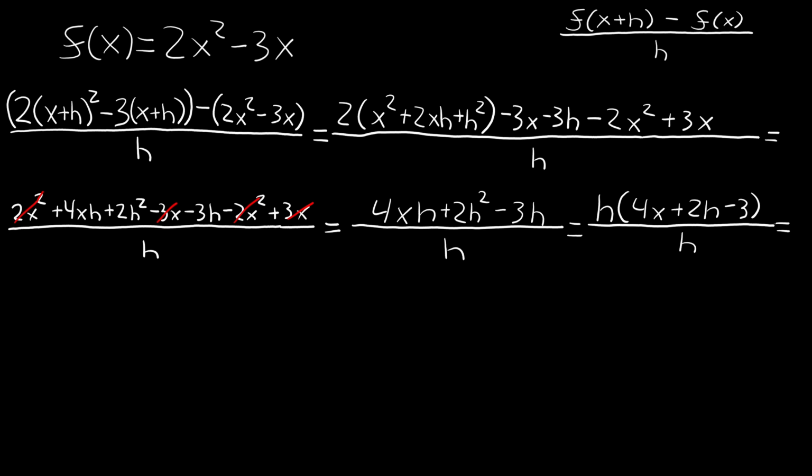Now we can cancel out these h's. And this will equal 4x plus 2h minus 3. And that is your answer.